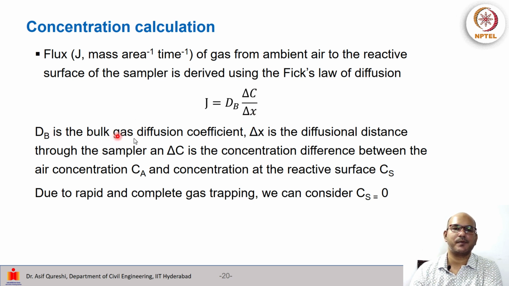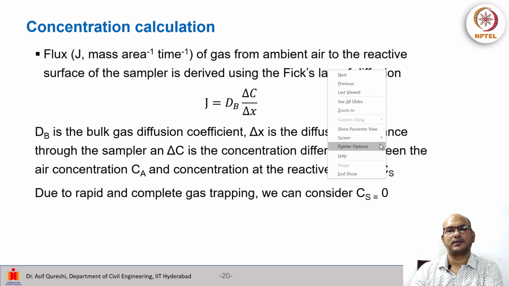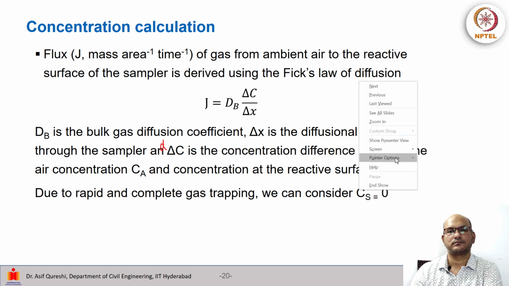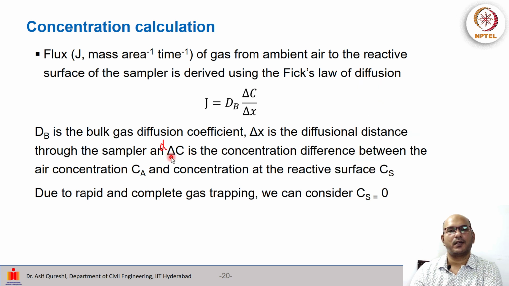So DB is the bulk gas diffusion coefficient, delta X is the diffusional distance through the sampler, and delta C is the concentration difference between the air concentration, or the concentration of gas in air, and the concentration at the reactive surface, which will be Cs.